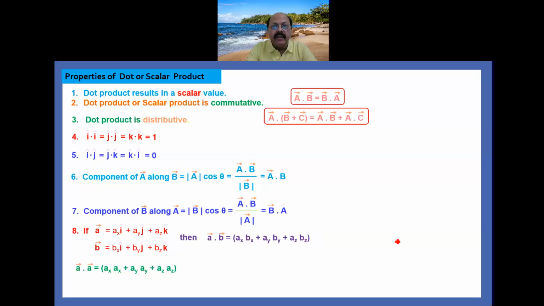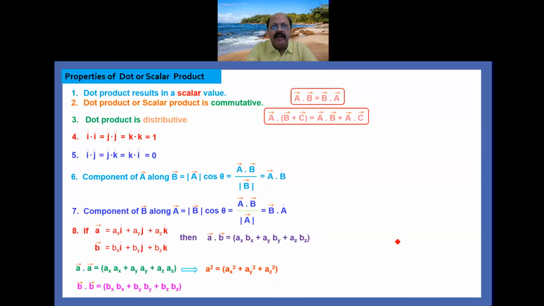And the next property, if you take the dot product of a vector with itself, that is a vector dot a vector, that can be written as a square equal to ax square plus ay square plus az square. As I already explained, when you are taking the dot product of a vector with itself, the angle between them is 0.